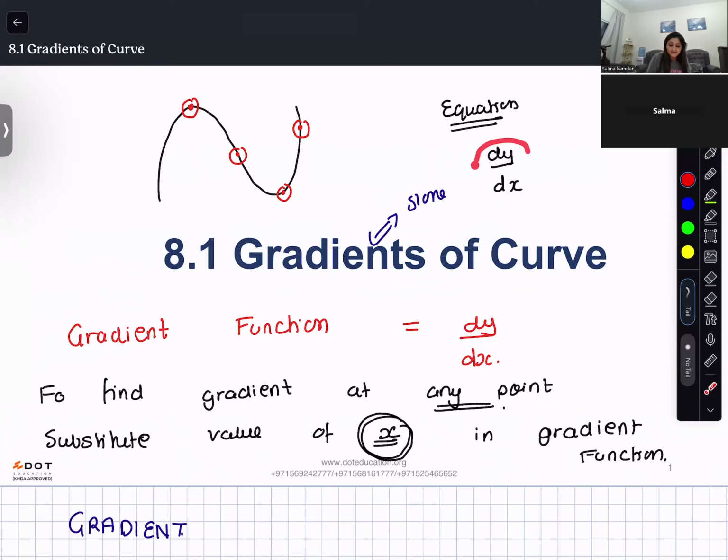Once you find the derivative, it becomes the gradient function of the curve. Then you can find the gradient of the curve at a particular point. Just substitute the value of that point into the gradient function, and you would get the gradient of the curve at the particular point.